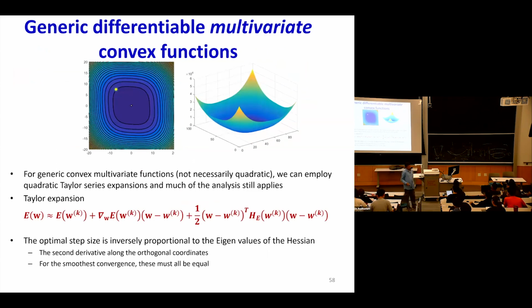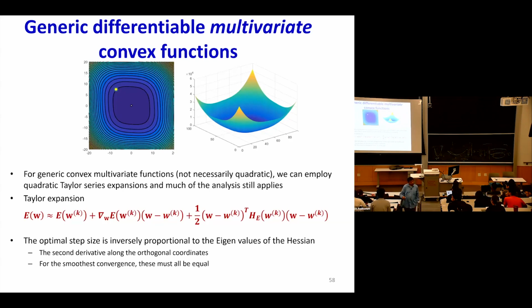If I have a generic multivariate convex function, I can again take a Taylor series approximation and write it as a quadratic term. In the case of the quadratic approximation, the curvature is given by the Hessian, and the eigenvalues of the Hessian give you the curvature along the different directions, right? In the most ideal case, you want the curvature in every direction to be the same. In other words, you want the Hessian to have identical eigenvalues along each direction.